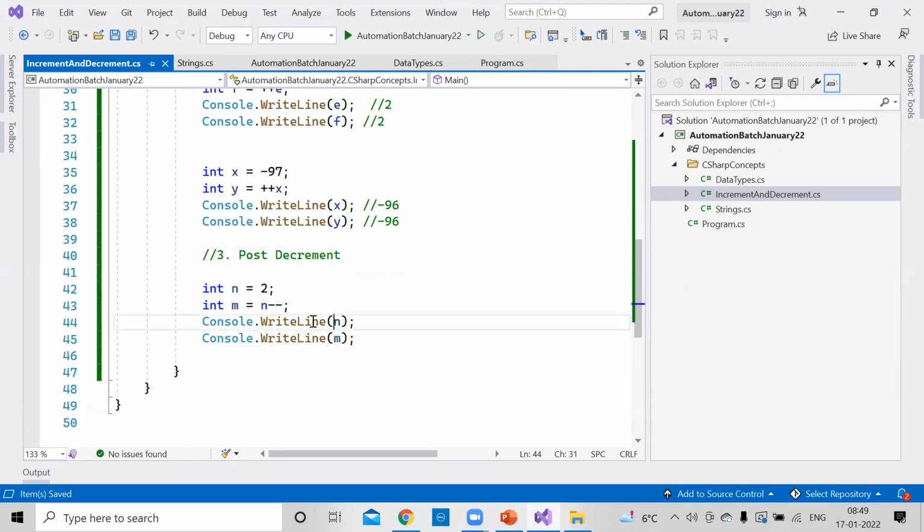Let's try to understand. First, the value of n would come over here, and n would get assigned to m, then it would get decreased. So n would be assigned to m. So the value of m would be 2, okay, then n will get decreased. So the latest value of n would be 1. Am I right? Any confusion over here, Aswini?